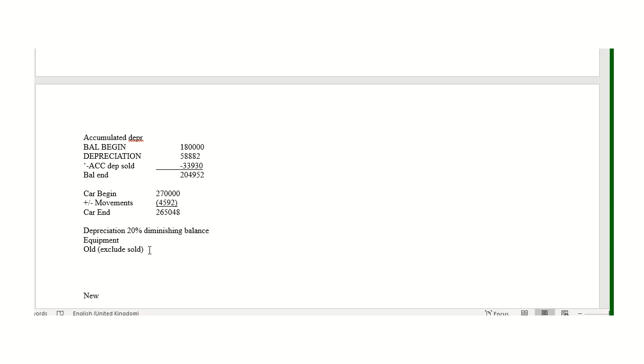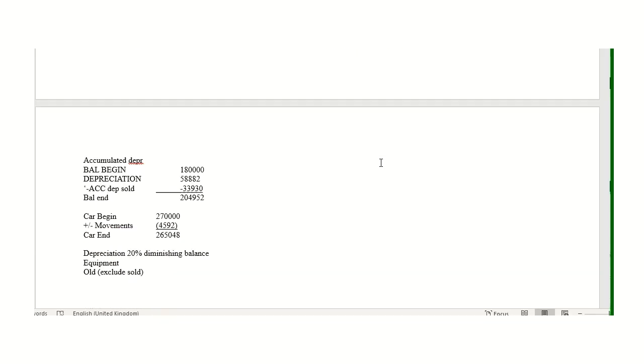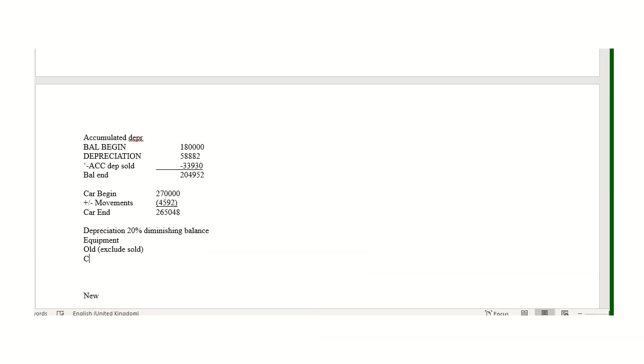Right, so which means we're looking at cost minus accumulated, but it must exclude sold. The old means the opening balances. So the opening cost was 450,000, but we must exclude the cost of the item sold.